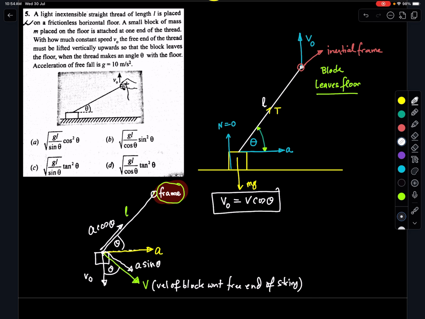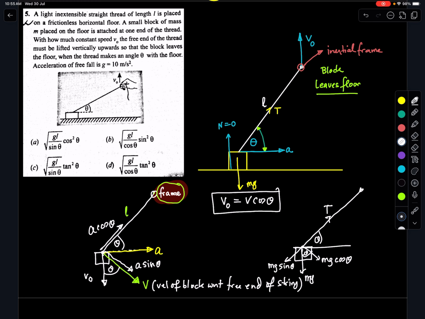And at this moment I'll tell you about the forces. The forces are tension and mg, with components mg cos theta and mg sin theta.